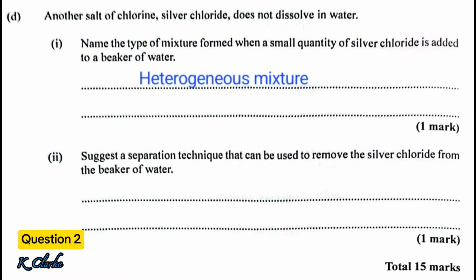I. Suggest a separation technique that can be used to remove the silver chloride from the beaker of water. Now the most suitable technique is filtration, because the silver chloride will not pass through the filter paper. However, water can pass through the filter paper, hence separating the mixture.